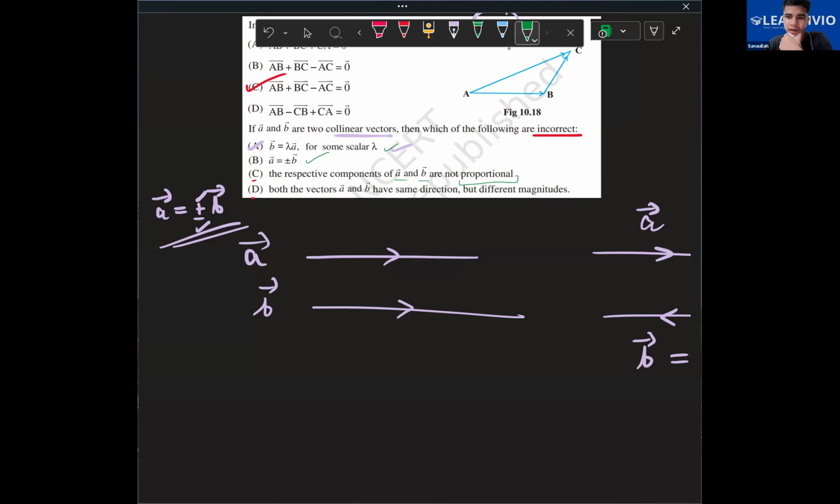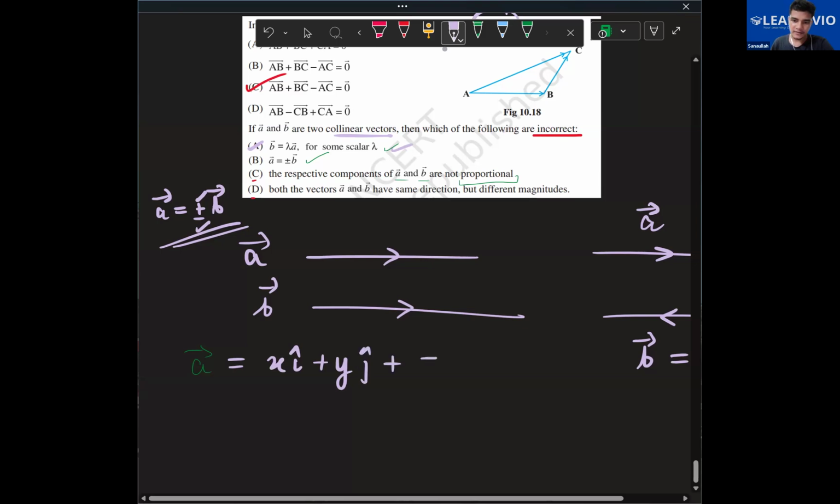The respective components of A and B are not proportional. Like if I have this A vector, and let's say it is x1 i cap plus y1 j cap plus z1 k cap, and B vector is x2 i cap plus y2 j cap plus z2 k cap.